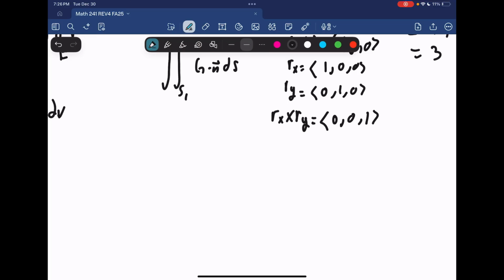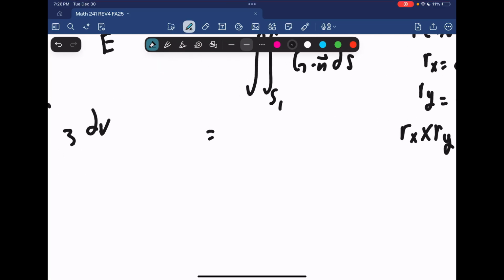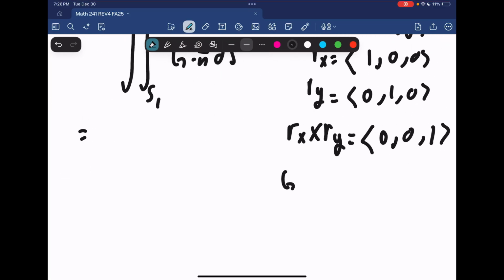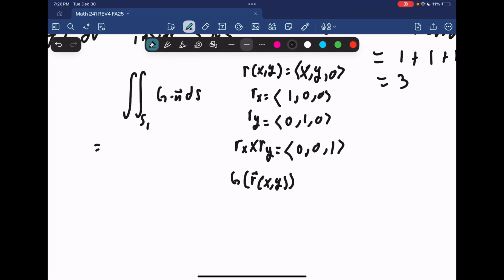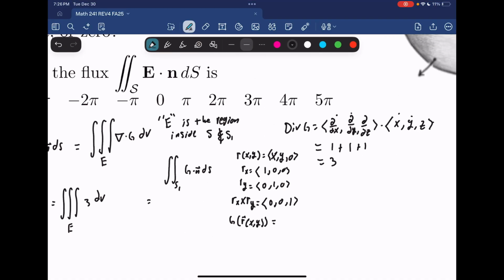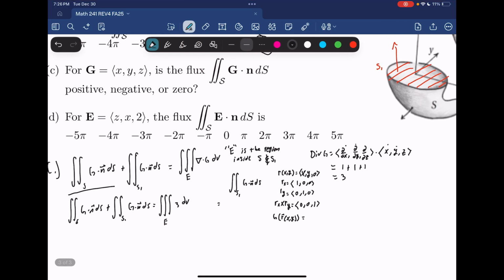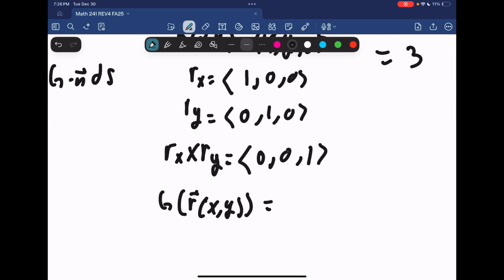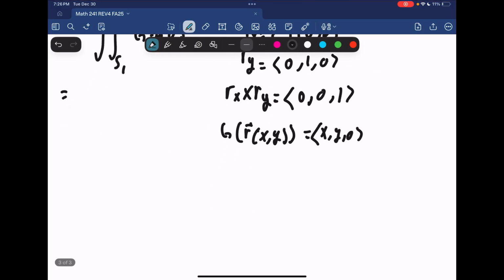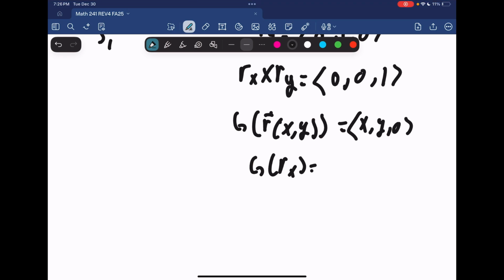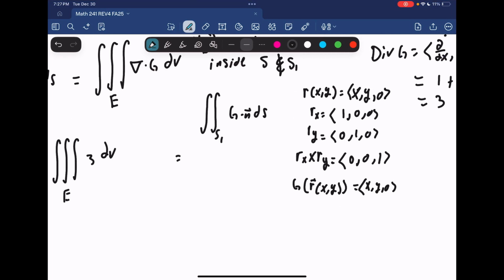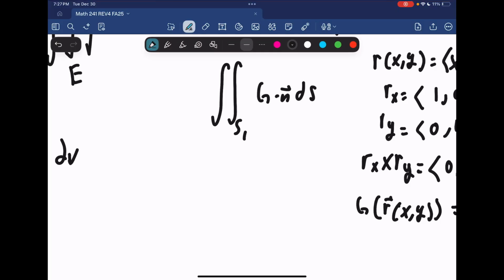Now, we want this in terms of G. Well, we have G of r(x, y), which is going to be equal to x, y, 0. Go ahead and write that down. Now, I guess we're basically just doing the dot product, so we could just substitute that in here.